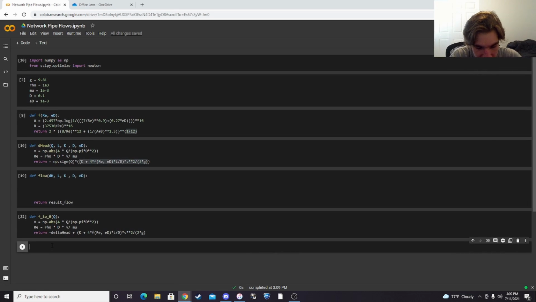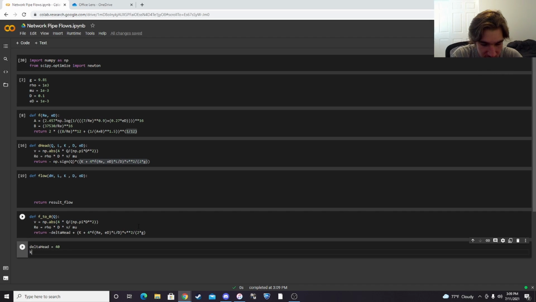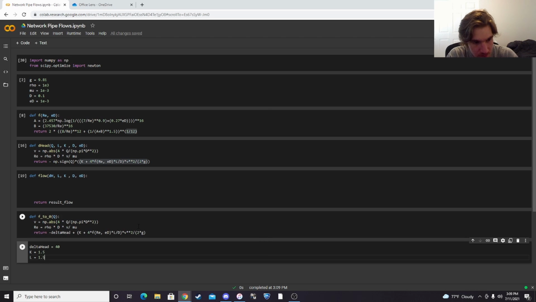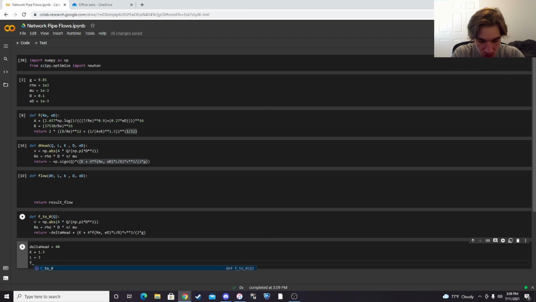So let's define a delta head equals, I don't know, 40. We'll get a k value of 1.5. Length equal to 1.5 as well, or 3. We'll make it equal to 3. And then we can do our f(0) function given q, given some flow rate, I don't know, 50.